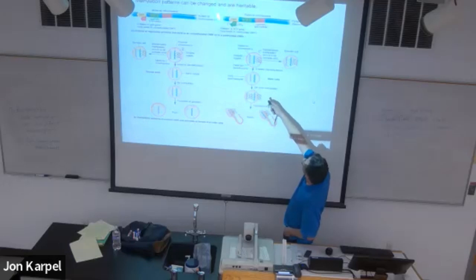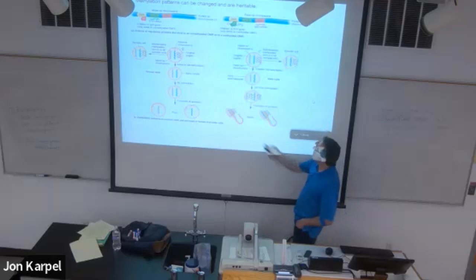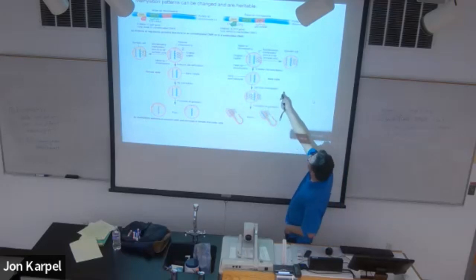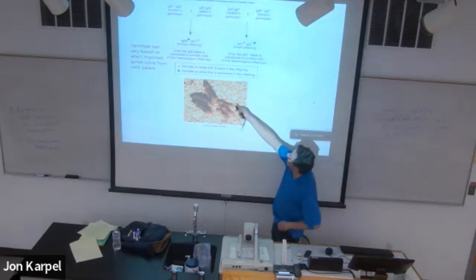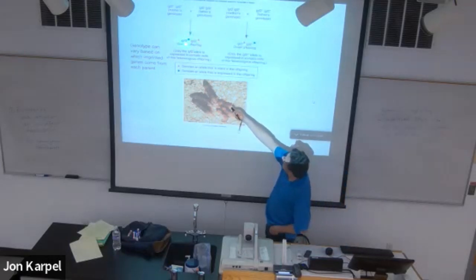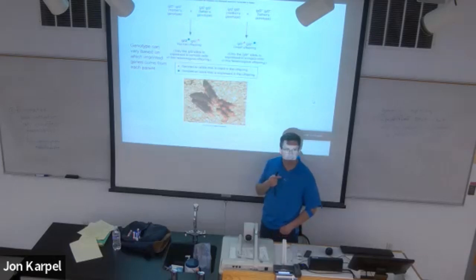In dads, we methylate it, don't we? Not in moms, but in dads. And that expresses that IGF, right? So, hey, that's pretty good, isn't it? We actually have a functional gene in dad, and that's the one that's expressed according to the methylation pattern.